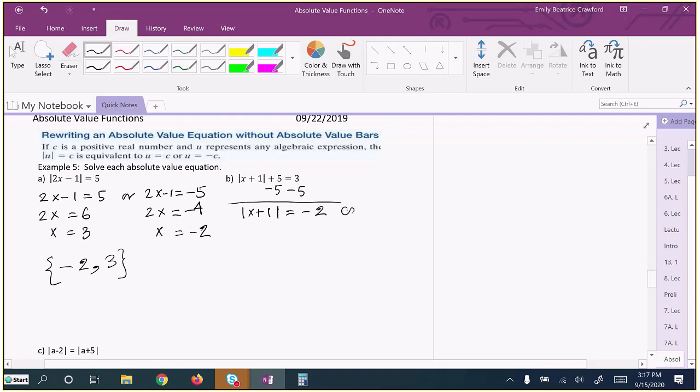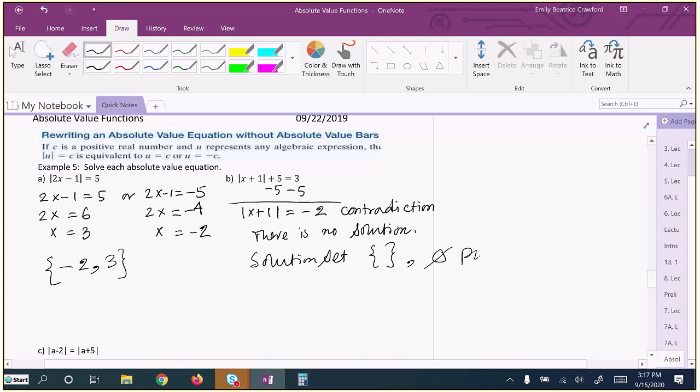So this is a contradiction situation, and I simply say that there is no solution. If I want to write the solution set, depending on the instruction, I will either write a set with nothing inside, or I will simply use the Greek letter phi to answer my question.